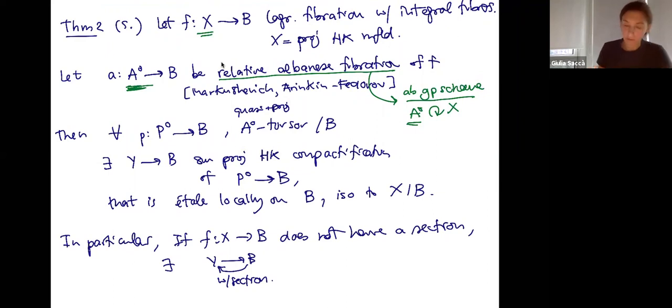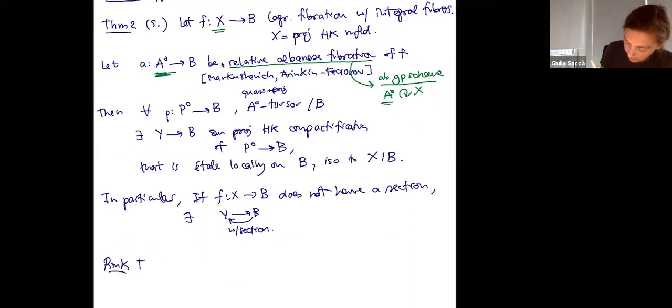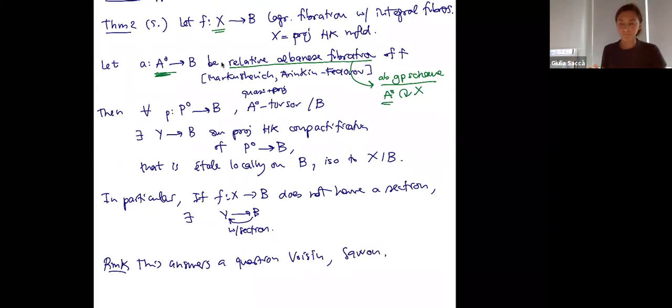First of all, maybe I should say that this answers a question by Wazan, but also an older question by Seiwan, of the existence of, given a hyperkähler with a Lagrangian fibration, whether there exists one with a section that compactifies the family of abelian varieties with a section associated to the one you started with.